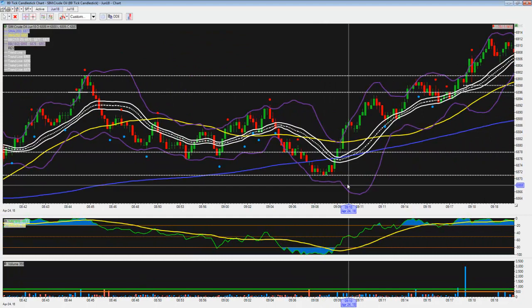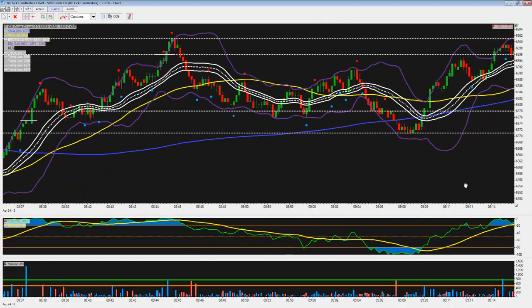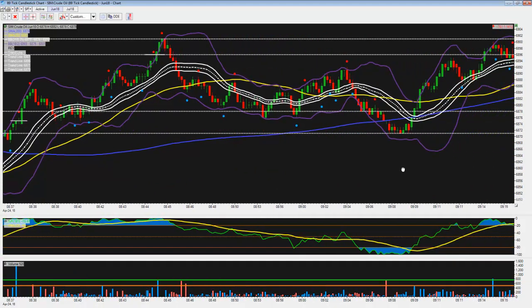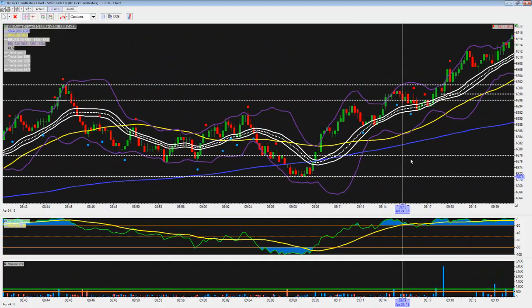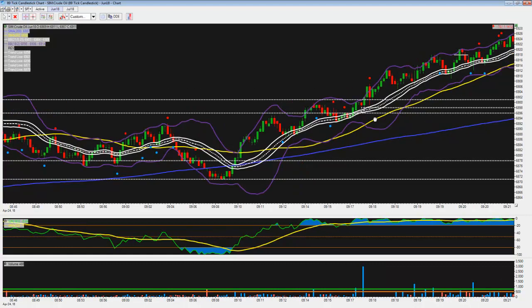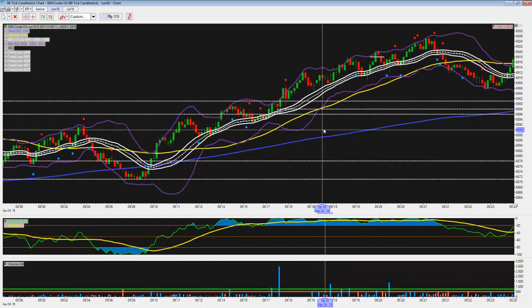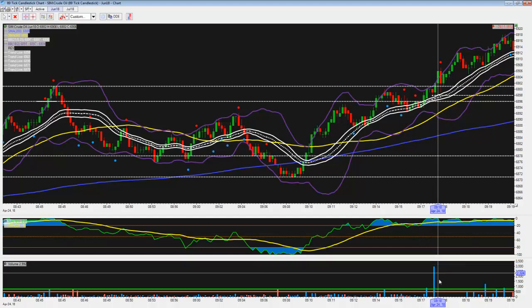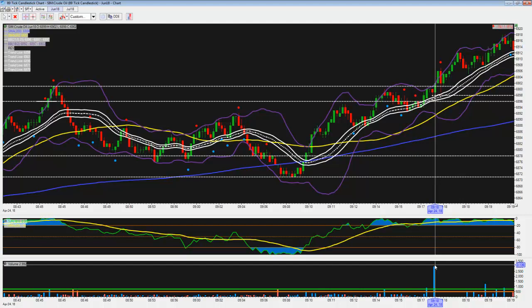It stays in the trade. Barely, but it stays in the trade. And then it moves up. Now, what happens at this point? At this point we see the highest volume bar and it turns the other direction.